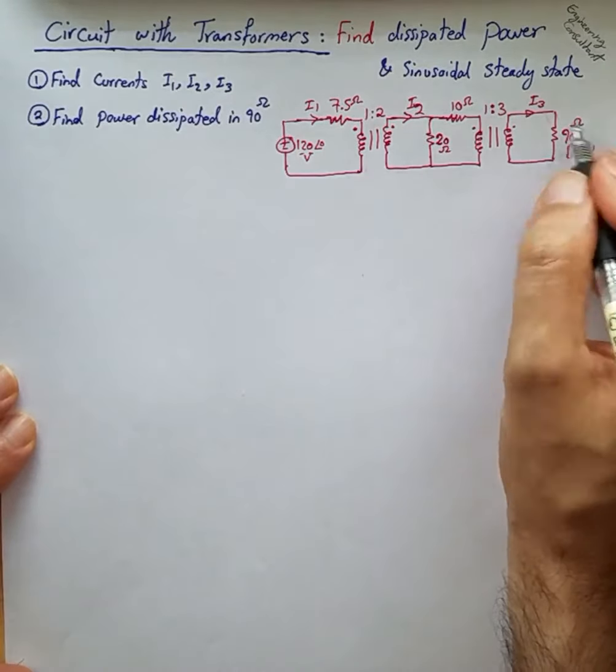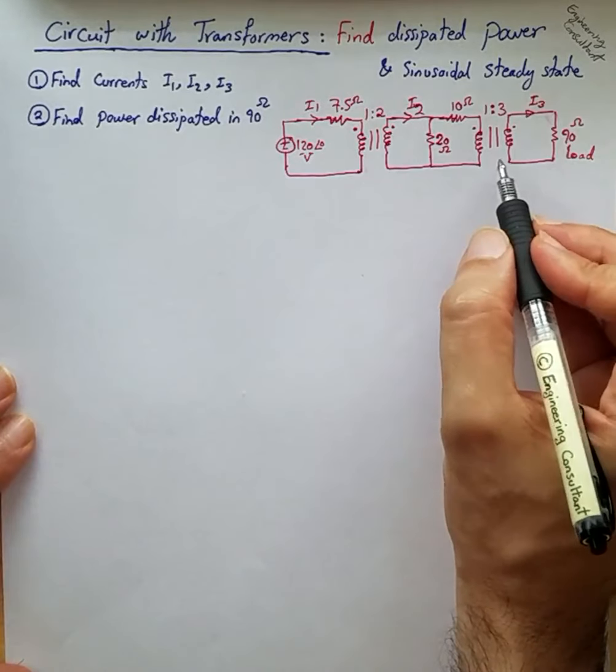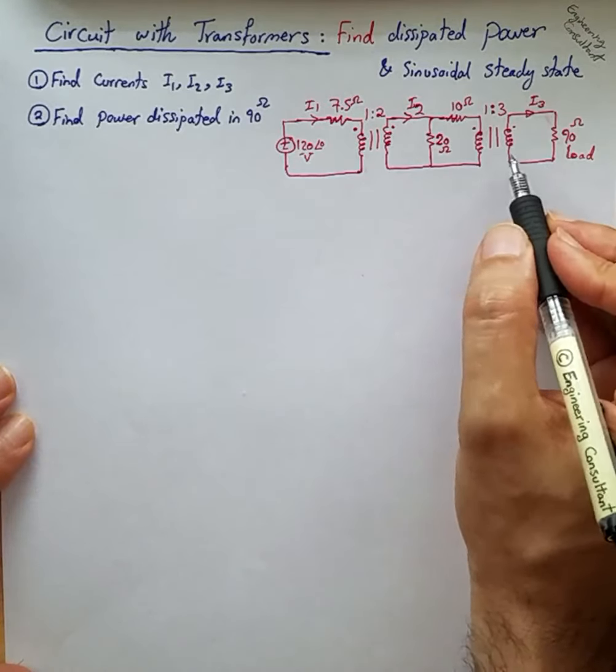We have a 90 ohm load, and that's the only thing on the right hand side of this 1 to 3 transformer.